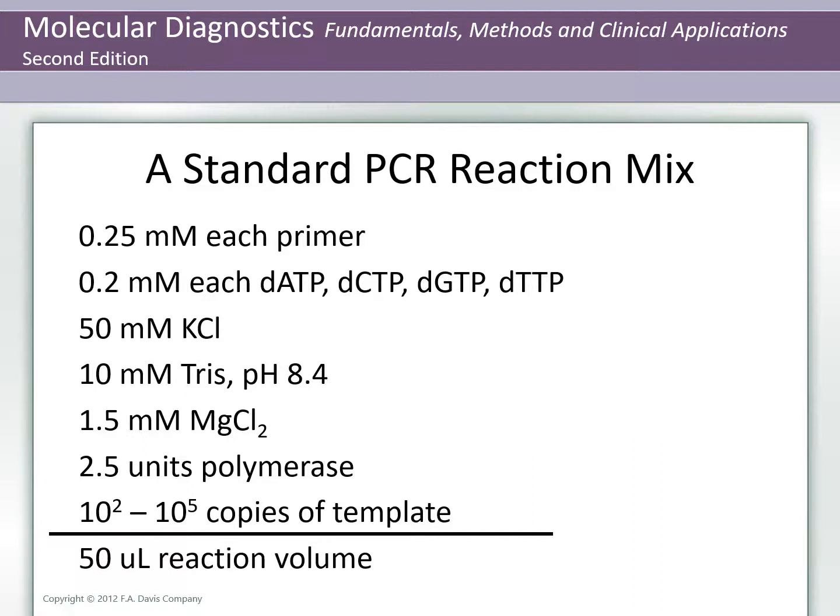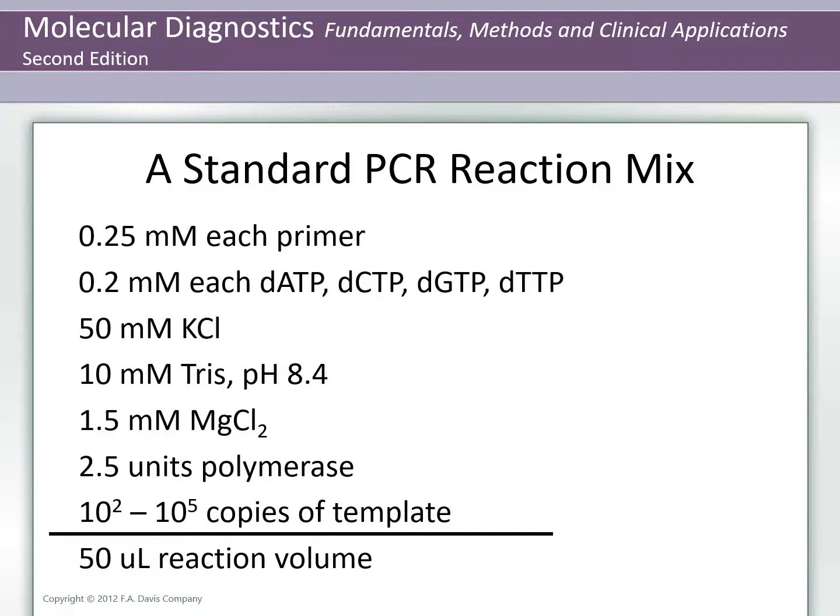Table 7.1 in your textbook provides a typical PCR reaction mix. So the 0.25 millimoles of primer are used to direct DNA synthesis to the desired region. The 0.2 millimoles of dATP, dCTP, dGTP, and dTTP are the building blocks that extend the primers.